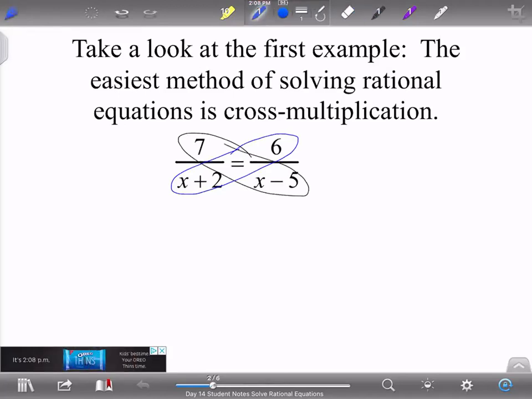So for the first diagonal, I'm going to take 6 and I'm going to multiply it by x plus 2. If I take 6 and I multiply it by x plus 2, it must get multiplied by both the x and the 2. So 6 times x is 6x, 6 times 2 is 12.